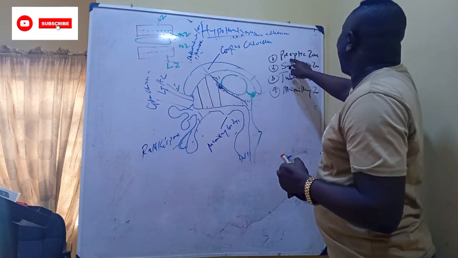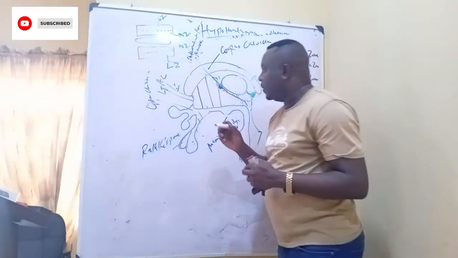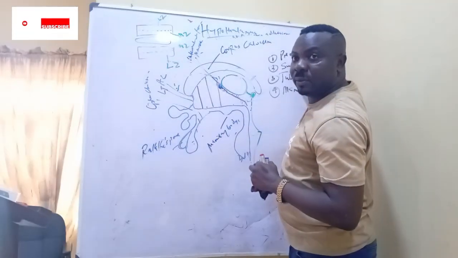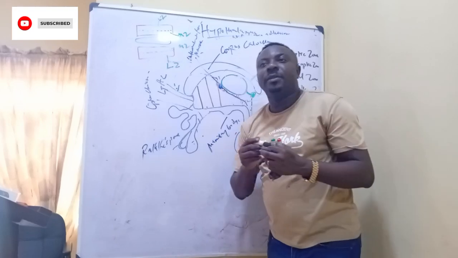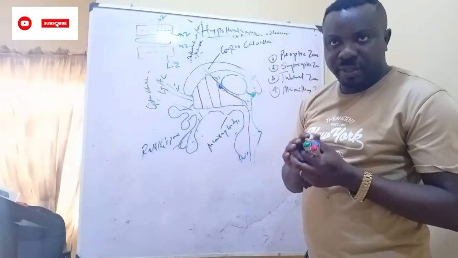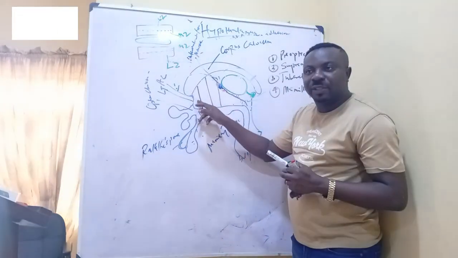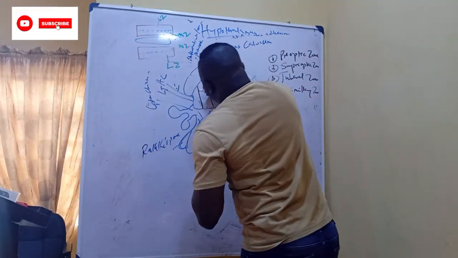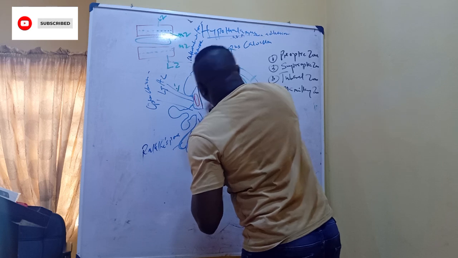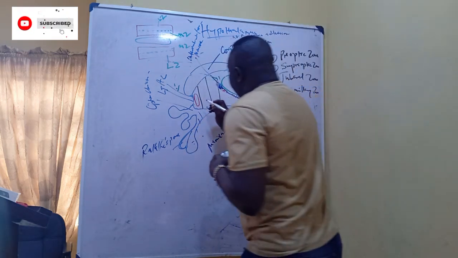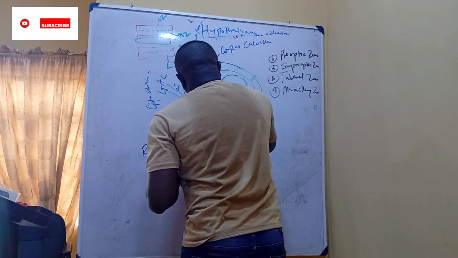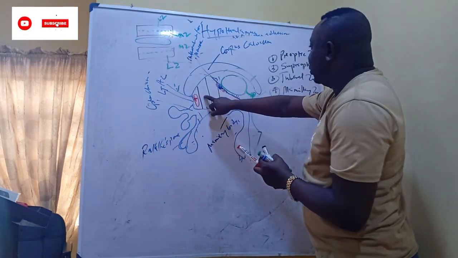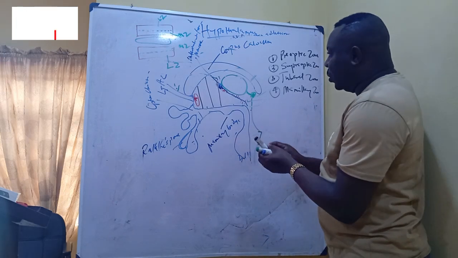Now this preoptic zone has one nucleus. We call it the preoptic nucleus, right? Yes, sir. Then this other zone is called the supraoptic zone, right?